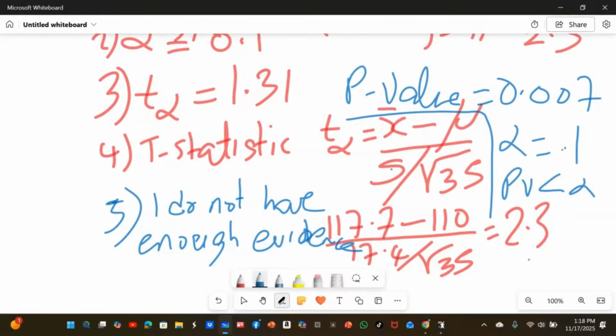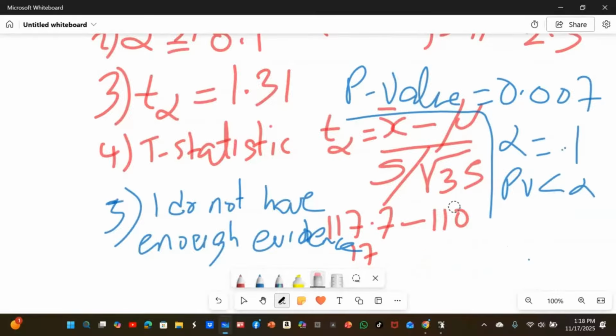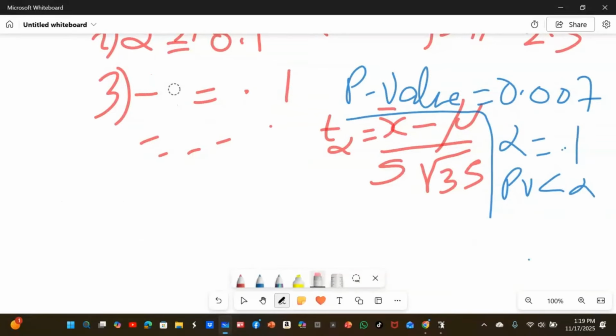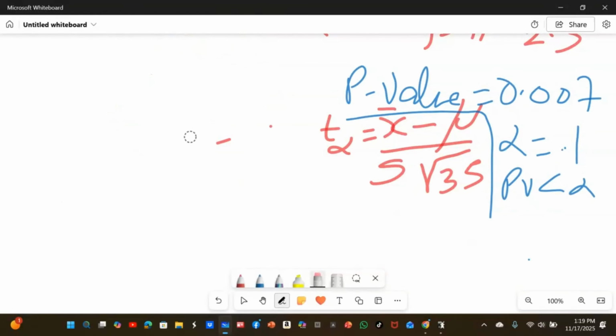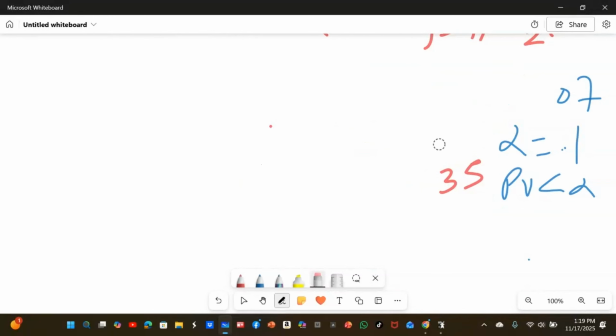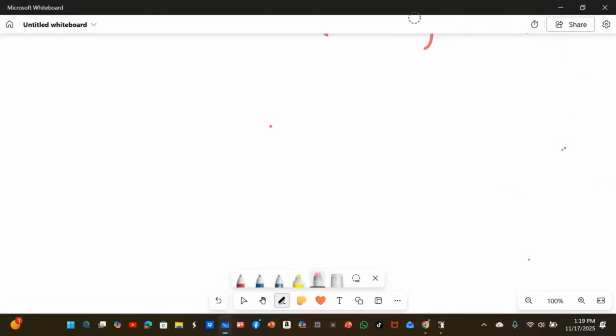Well, the next example we're going to do is on confidence interval. We just did an example on hypothesis testing, so the next one we shall do is on confidence interval. So let's clean this board.